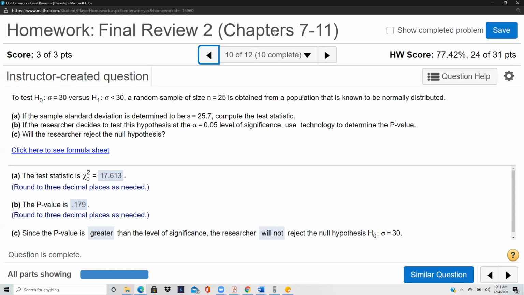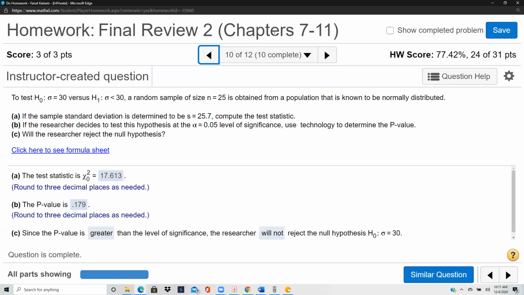So what were your numbers? For the size, 22. Standard deviation was 20.3, but I squared that and got 412.09. And I had 30 as my hypothesis test. Then you square that. I did, and it was 900.